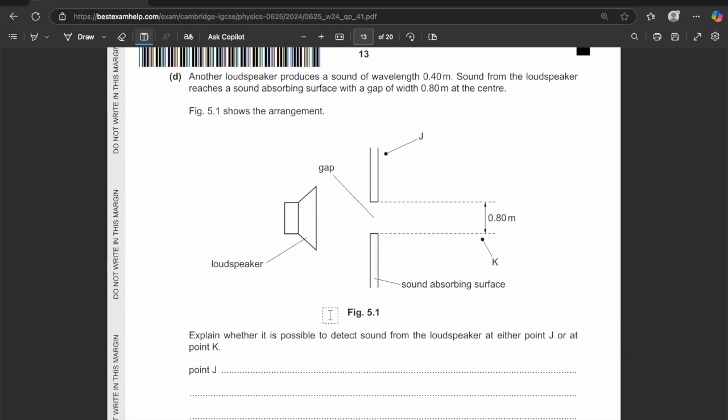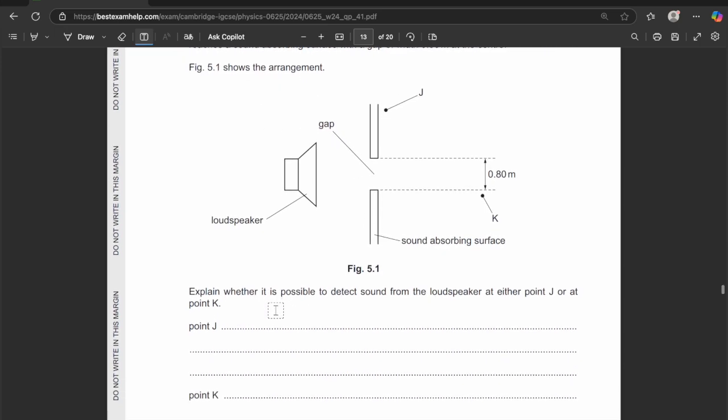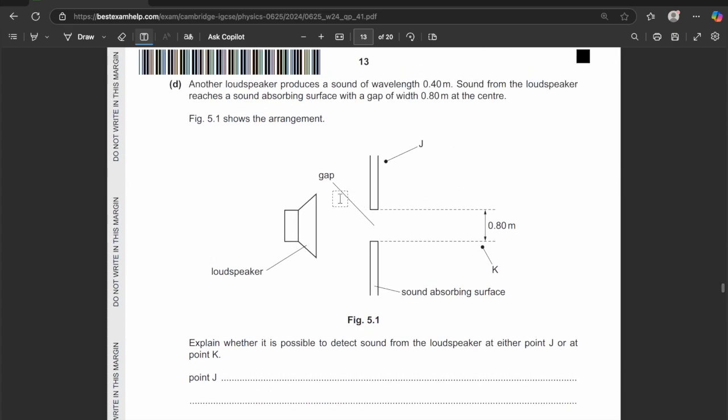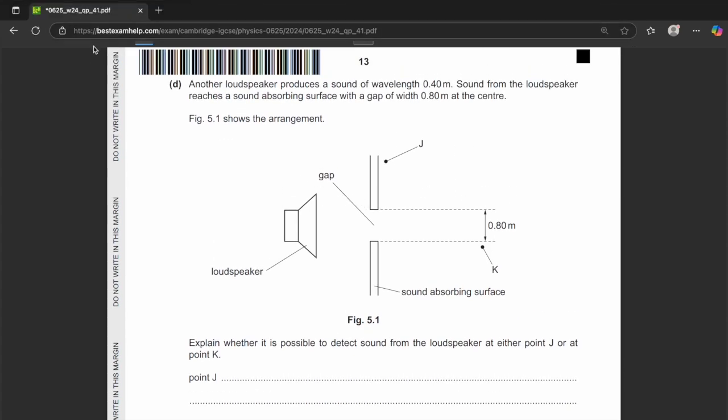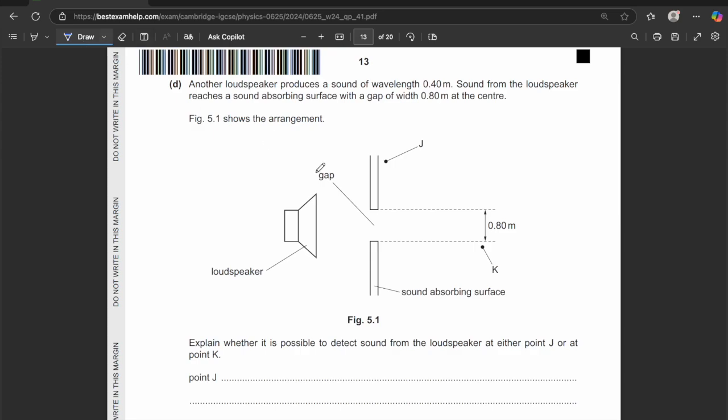So D, another loudspeaker produces a sound of wavelength 0.4 meters. Sound from a loudspeaker reaches a sound absorbing surface with a gap of width 0.8 meters at its center. So figure 5.1 shows the arrangement. Explain whether it is possible to detect sound from the loudspeaker at either point J or at point K. So these are 2 points, and this is essentially testing diffraction knowledge.